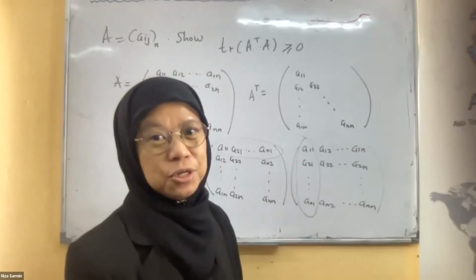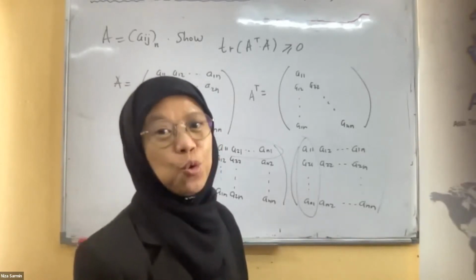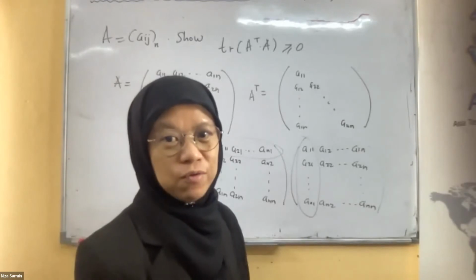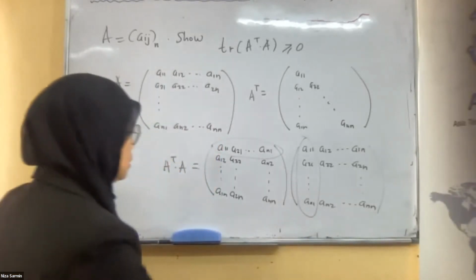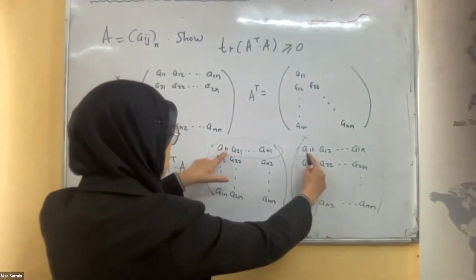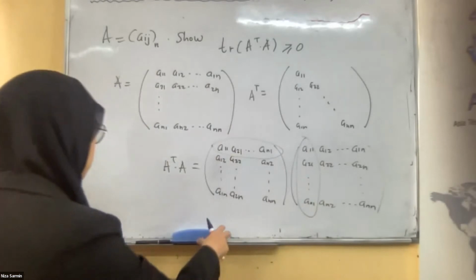So in each of the diagonals, it's the square of the entry. This is A11 squared plus A21 squared, and so forth.